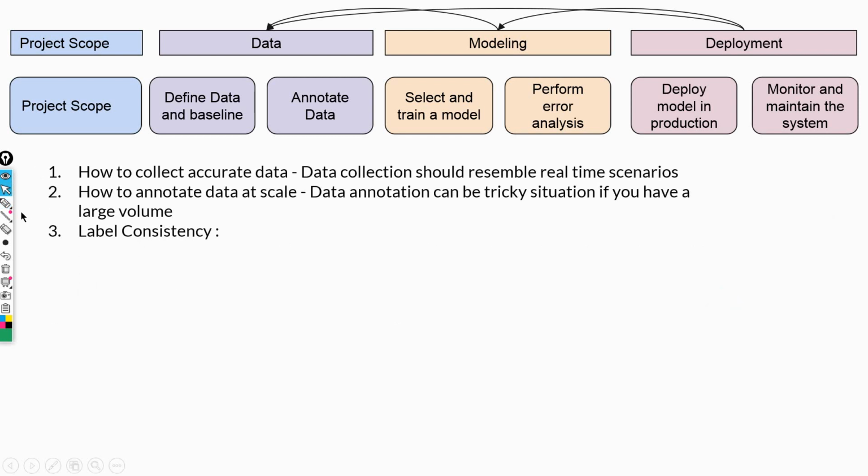Let's look at the things you need to consider when you are dealing with data. The first and foremost thing is to collect accurate data. When we say accurate, it should represent a real-time scenario. Then there is always a challenge where you have to annotate a large volume of data, and the question always comes up: how much data should you label?